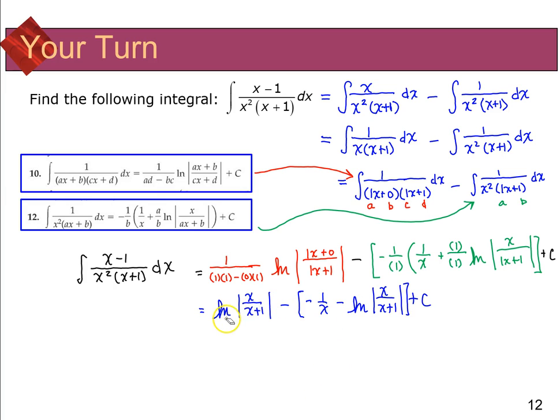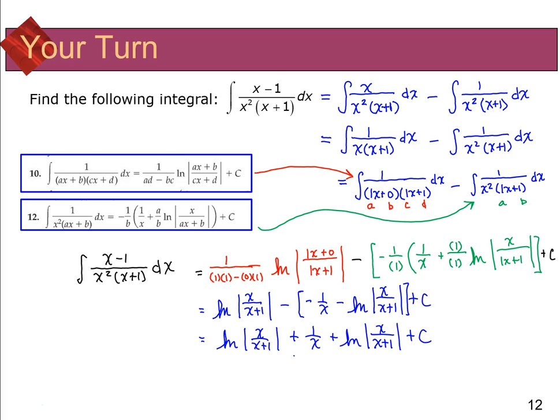So this red part just becomes the natural log of x over x plus 1, minus this quantity becomes a negative 1 over x, minus the natural log of x over x plus 1. I then distribute the negative, and I get the natural log of x over x plus 1, plus 1 over x, plus natural log of the absolute value of x over x plus 1, plus c.